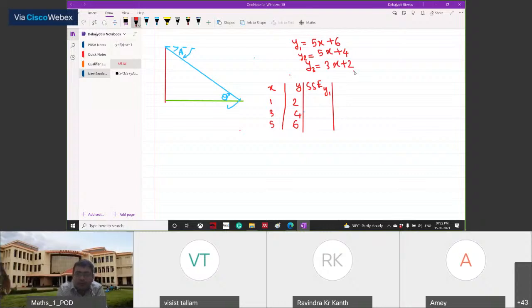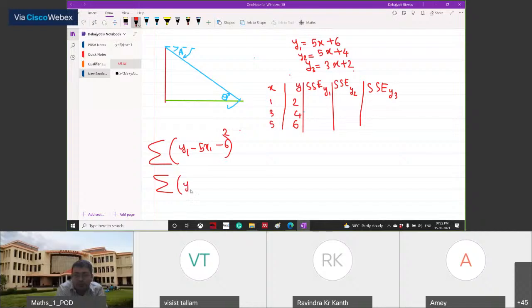Then you write SSE y2, and similarly SSE y3. For y1, SSE y1 equals y1 minus 5x1 minus 6 whole squared, and sum of that. Similarly, y2 minus 5x.